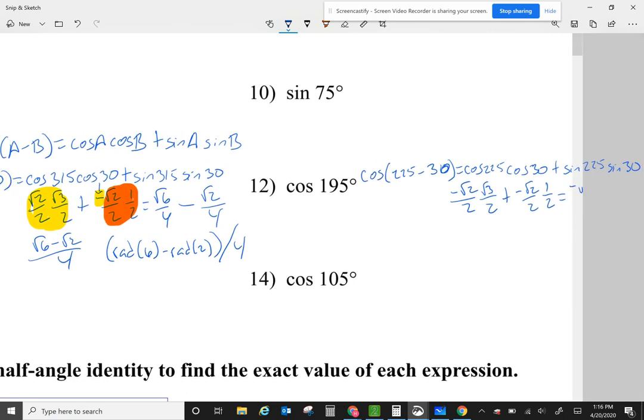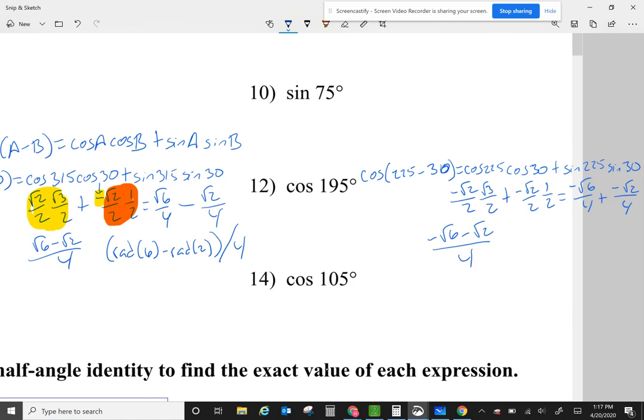So that gives me negative radical 6 over 4 plus a negative radical 2 over 4. So I'm just going to call that negative radical 6 minus radical 2 all over 4.